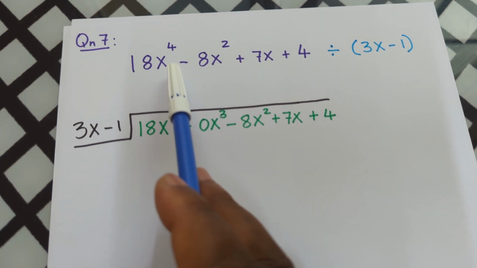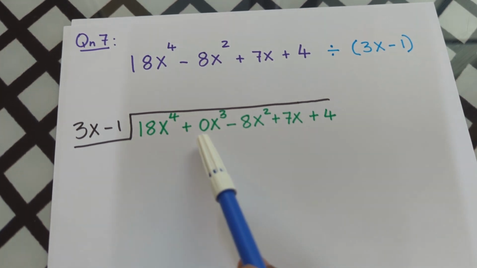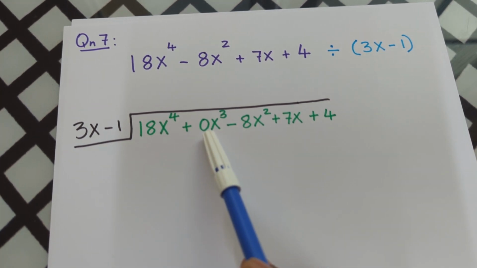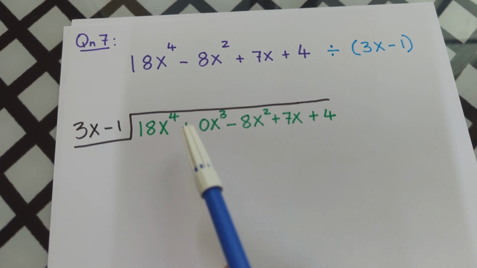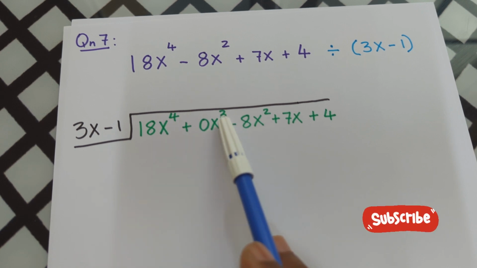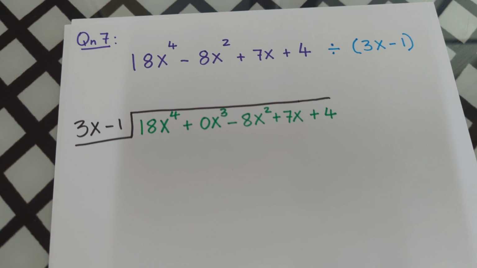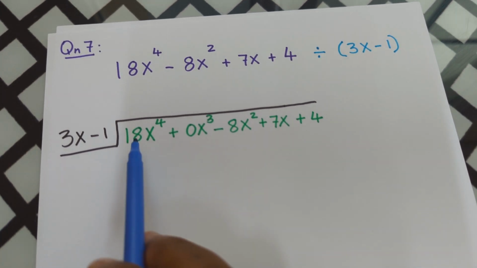So we have an x to the power 3 which is missing. That's why we had to add 0x to the power 3 here. So now we have an exponent of 4, followed by 3, followed by 2, followed by 1, and lastly by 0. Now we can start with our long division.